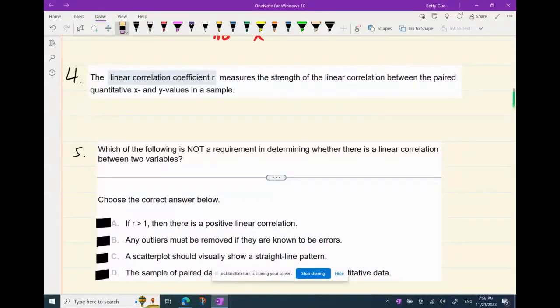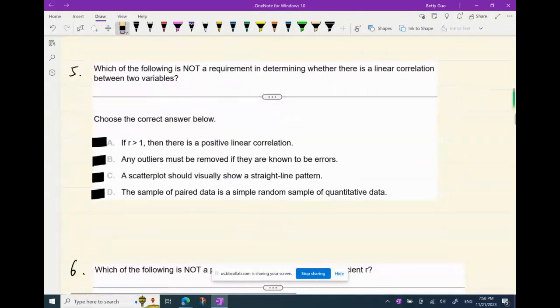Very, very important. Linear correlation coefficient. Number 5, which of the following is not a requirement? Here we are going to find the statement which is not a requirement in determining whether there is a linear correlation between the two variables.